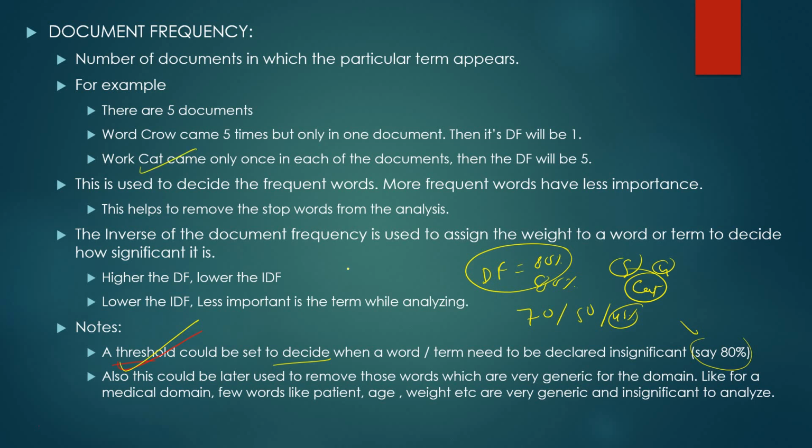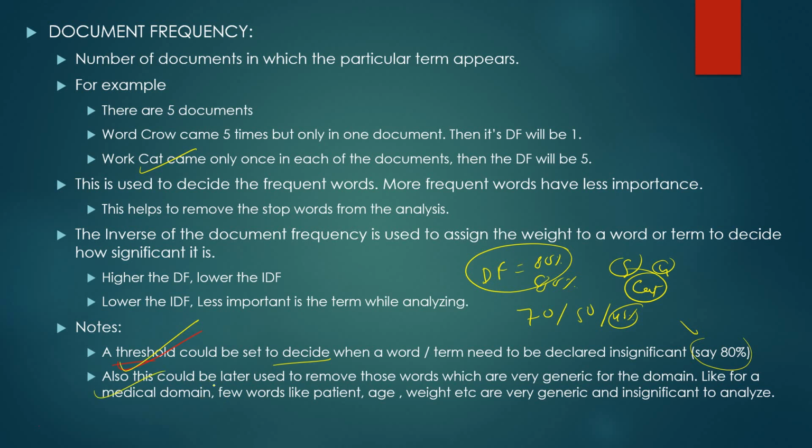So if the word cat is coming in 80% of the documents, then we need to mark the word cat as insignificant for the analysis, right? So 80% can be the threshold. You can set it 60%, you can set it 40%. Based on the experience and the domain, you can decide it.